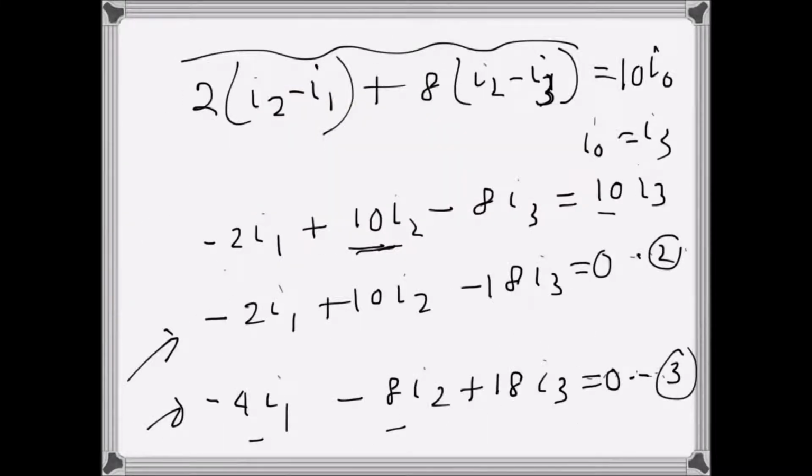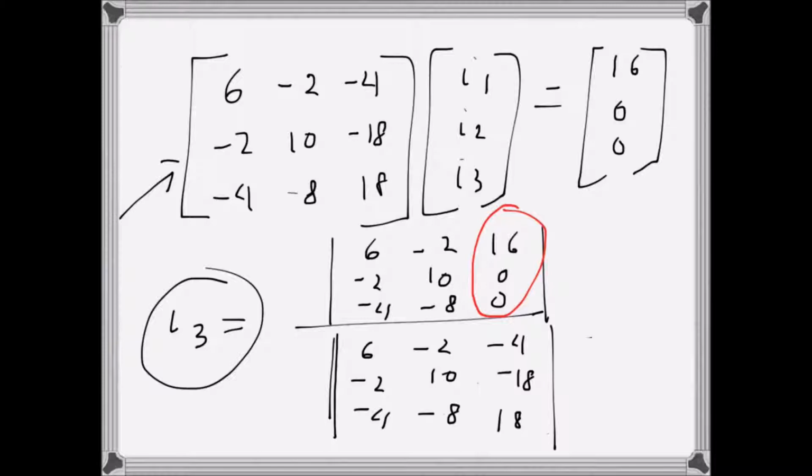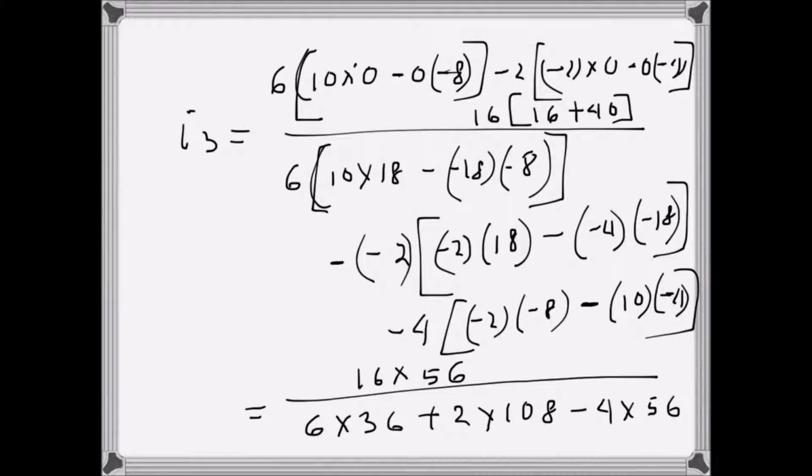From these three simultaneous equations, I have written the equations in matrix form as per Cramer's rule, and then the determinant is like that. Since I am interested in finding I3, just the third column has the right hand side. Now the determinant has to be calculated, so I have done it.